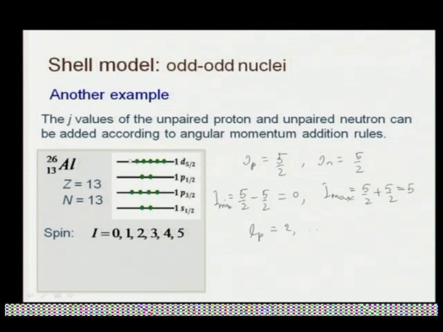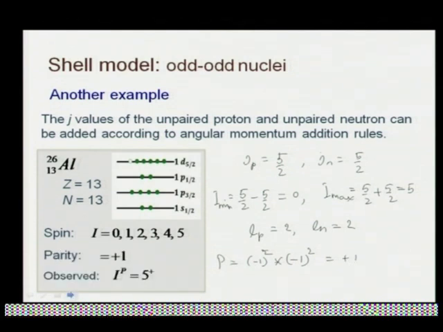And parity: L p is equal to 2 and L n is also equal to 2. That will give you parity equal to minus 1 power 2 into minus 1 power 2, which is equal to plus 1. So, parity is plus 1, observed I p is 5 plus, well, 5 is certainly there in that, that is accommodated.